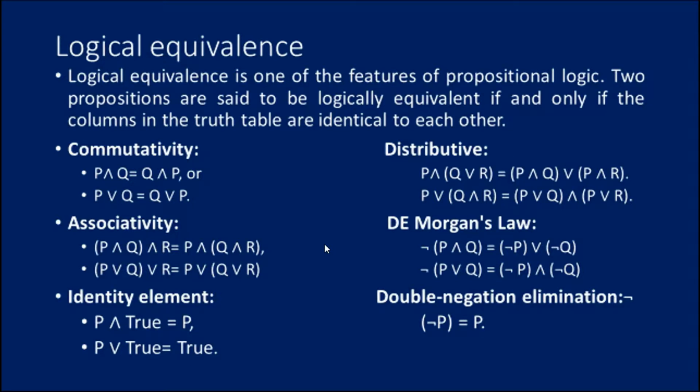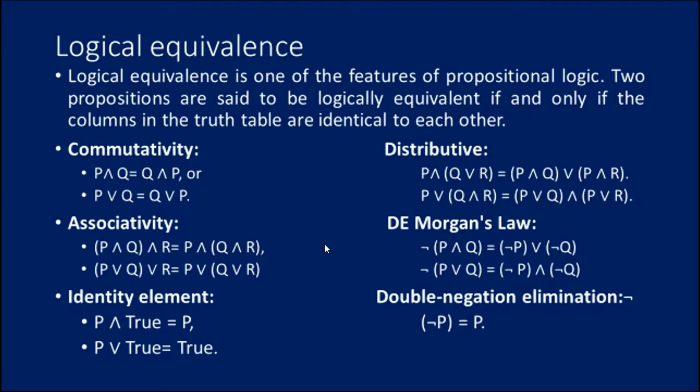Identity we can say as P union true equal to true. Distributive we can say as P intersection (Q union R) equal to (P intersection Q) union (P intersection R), and P union (Q intersection R) equal to (P union Q) intersection (P union R).